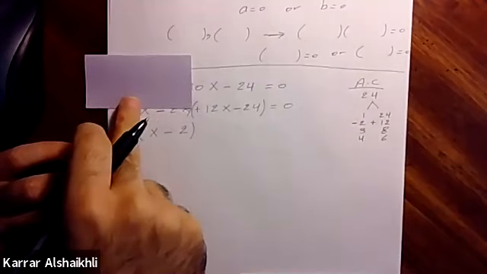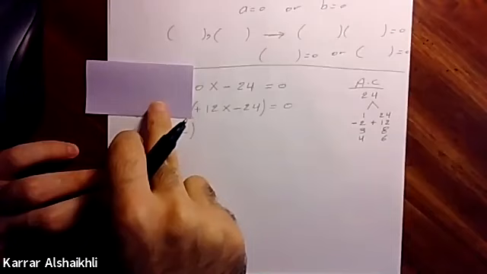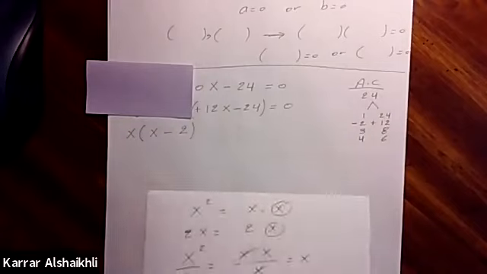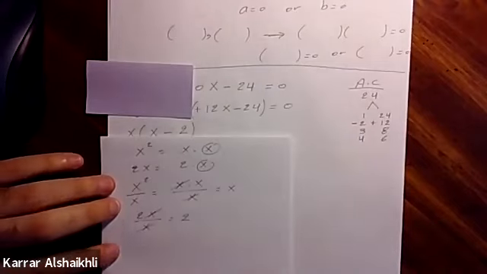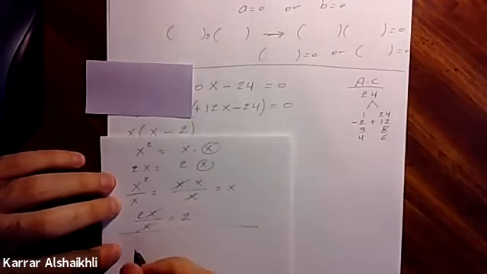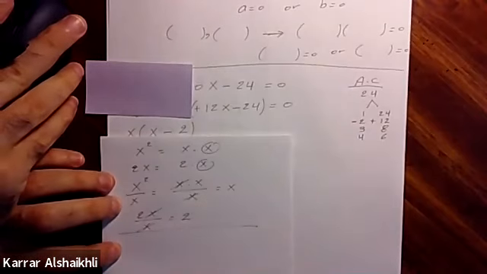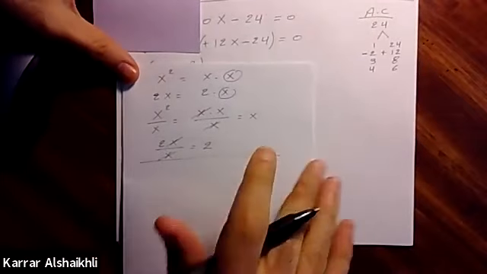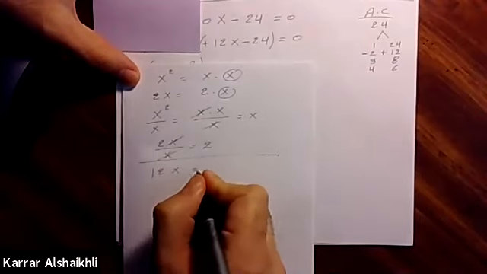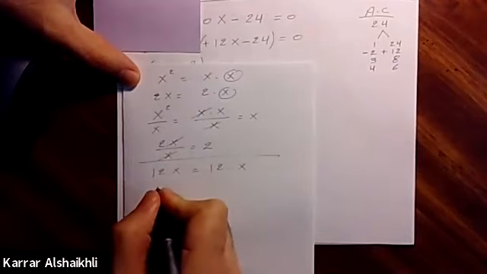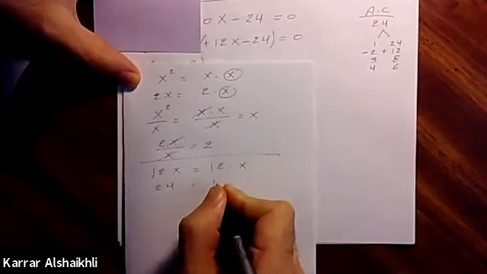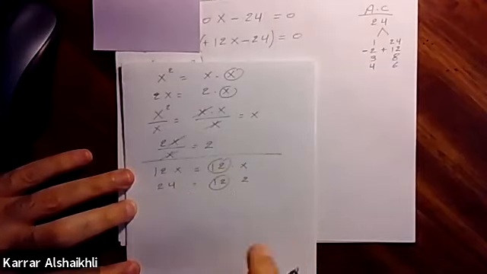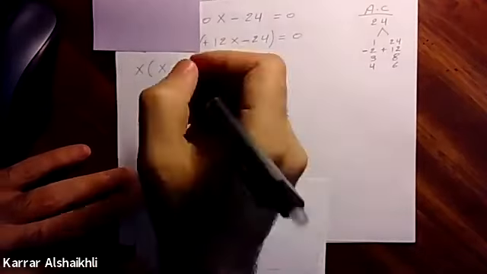Now I check what's the common with 12x and 24. 12x is 12 times x, and 24 is 12 times 2. So the common is 12. I'm going to write down plus 12.